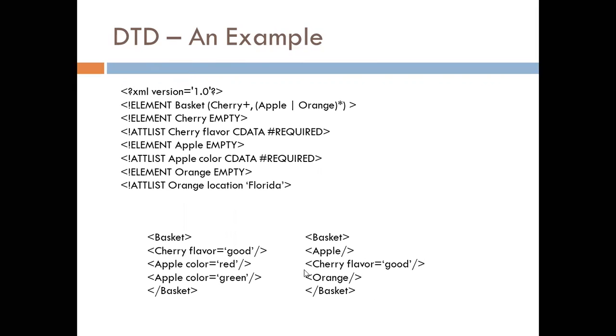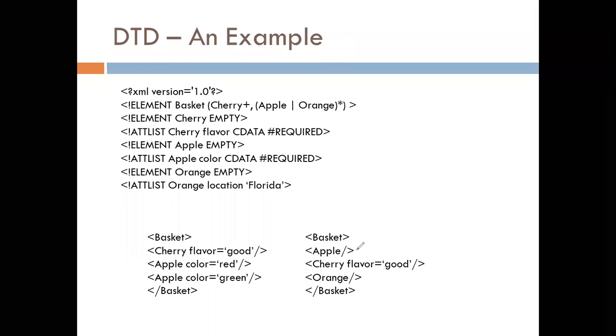On the other side, you can observe here the apple is there, but the attribute is not present, whereas the color attribute is the compulsory field in the apple element, which is why we have written #REQUIRED. So the second example, whatever we have written over here, is violating the DTD.